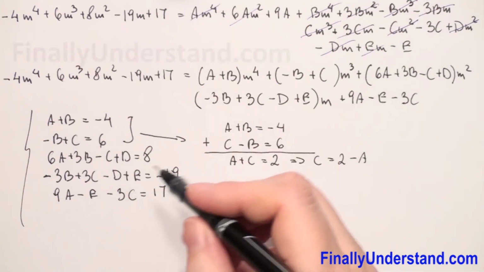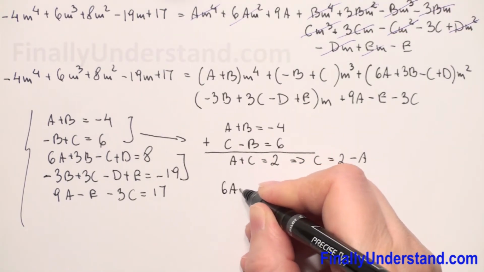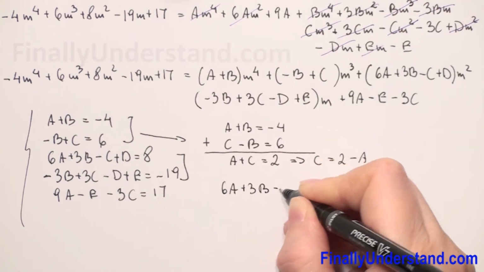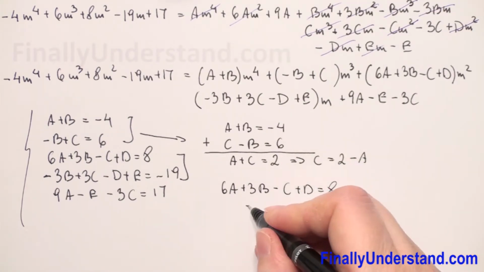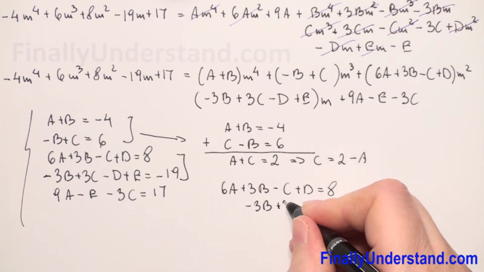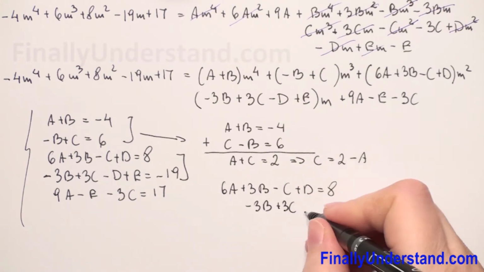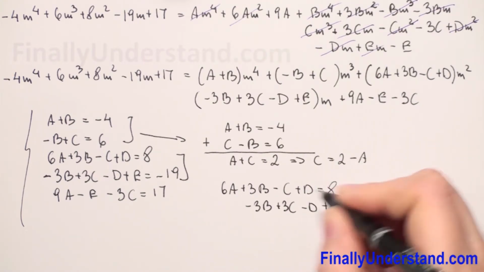We can add these two equations also. Let me copy this one more time. We have 6a plus 3b minus c plus d is equal 8. Negative 3b. We have positive 3c. We have negative d and we have plus e is equal negative 19.